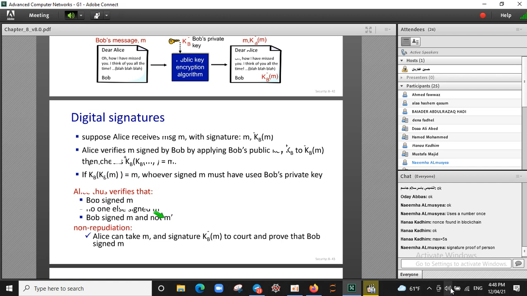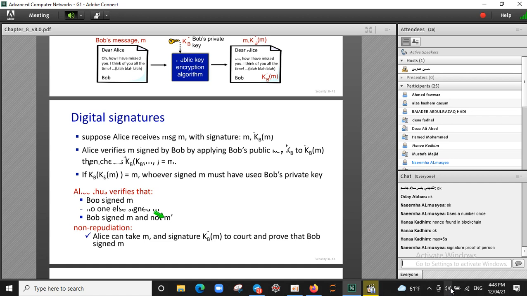At that time, the court will receive my public key, and the other side, for example Alice, can send the message and the encrypted version of the message.